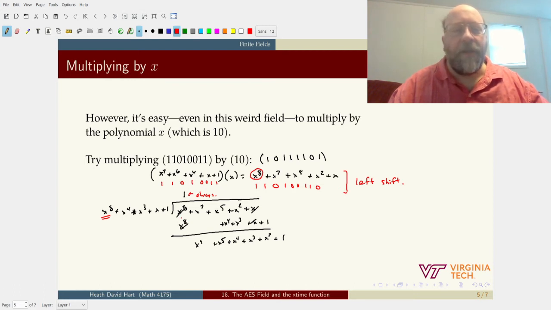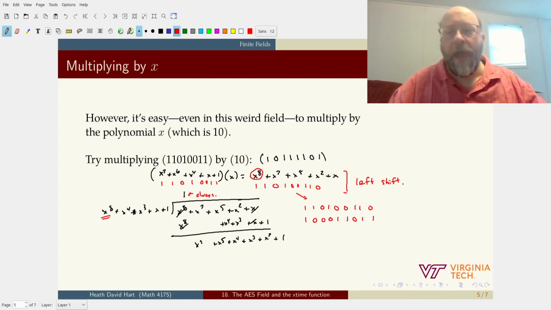And then this is just going to be subtracting 1 times this. So I want to write this out in bits here. This is 1, 1, 0, 1, 0, 0, 1, 1, 0. That's what we got here. We're going to subtract x to the 8th plus x to the 4th plus x cubed plus x plus 1.